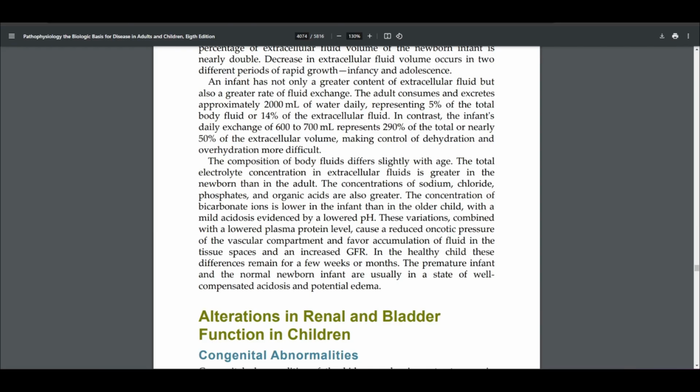In contrast, the infant's daily exchange of 600 to 700 ml represents 290% of the total, or nearly 50% of the extracellular volume, making control of dehydration and overhydration more difficult.